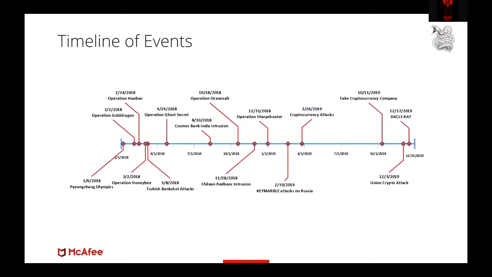So moving on here, we put together a number of prominent activities or campaigns that we've seen in the last 2 years that have been attributed in one way or another to Hidden Cobra or one of the subgroups. And some of these are McAfee ATR publications, and some of these are based on public reporting. So there's a number of different incidents that have occurred on a frequent basis over the course of 2 years with different naming involved and different TTPs.